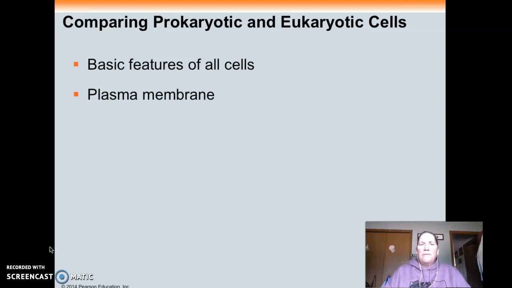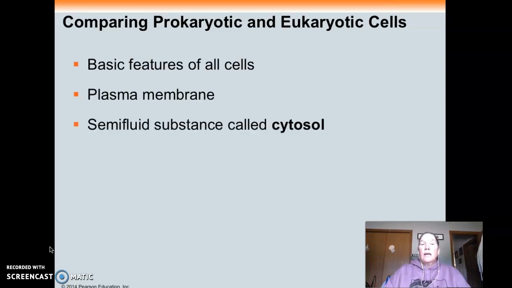both of them have the plasma membrane, the outside wall. So they both have a boundary that separates them from the rest. Inside, they have something called cytoplasm. It's a semi-fluid substance that everything sits in and all the reactions occur in.